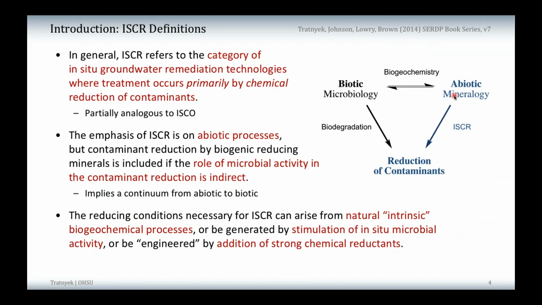So now for a definition. I remember I was concerned with trying to give a broad, inclusive definition, and so this is what we came up with. The first bullet here says, in general, ISCR refers to a category of in-situ groundwater remediation technologies where treatment occurs primarily by chemical reduction of contaminants. And there is a strong sense of just trying to build on the analogy to in-situ chemical oxidation here.